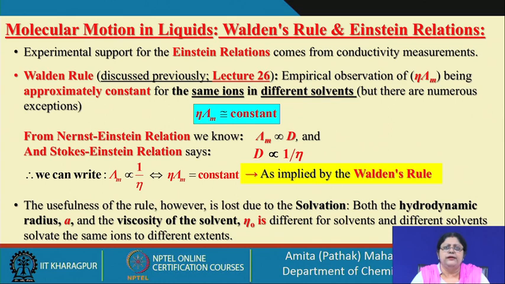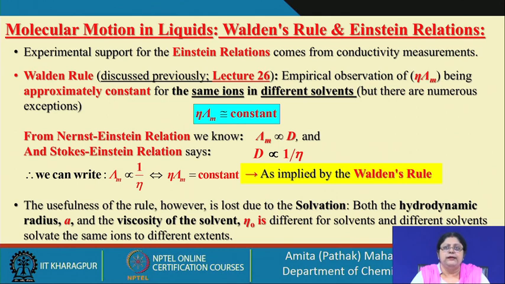The hydrodynamic radius, that means the radius of the ion in a particular solvent medium, will change when you change the solvent, because the extent to which the ions get solvated in different media is different. This we also took up in the previous lecture 26-27, how if we have a water system or a non-aqueous system, the hydrodynamic radii change because of the extent of solvation.